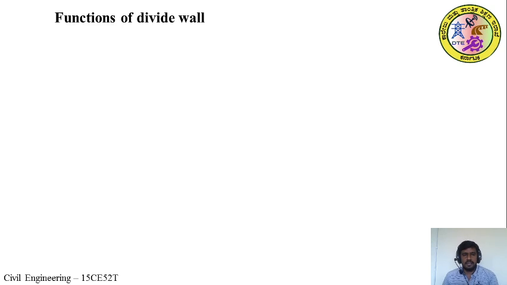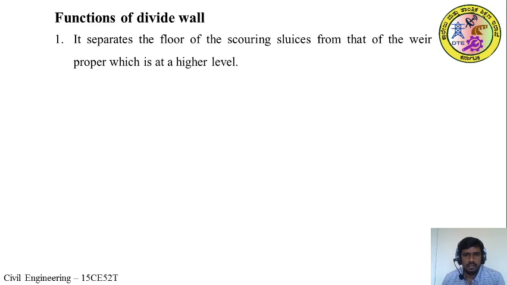Now let us study the functions of the divide wall. So what are the functions? Now let's study one by one. It separates the floor of the scouring sluices from that of the weir proper, which is at a higher level.